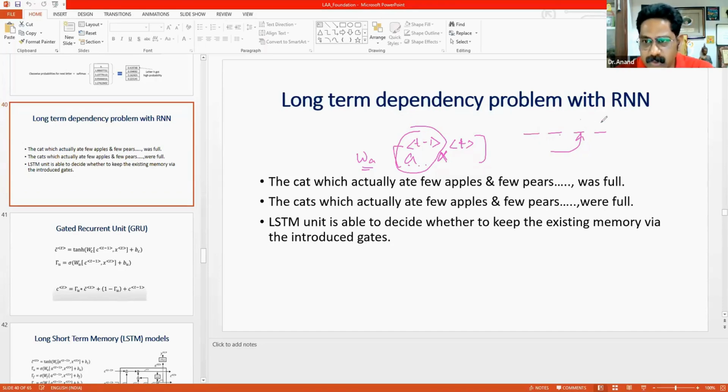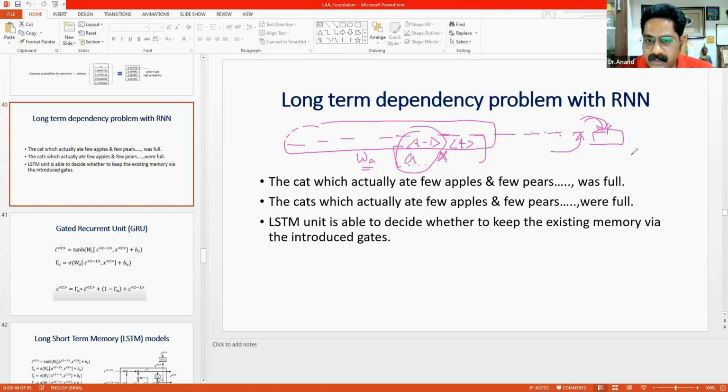And the probability of the next token is highly influenced by the immediate few tokens. When you consider the earlier tokens, comparatively these influences will be very less, because every time you are updating the same a t minus 1 based on the current context.